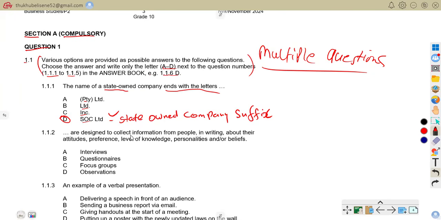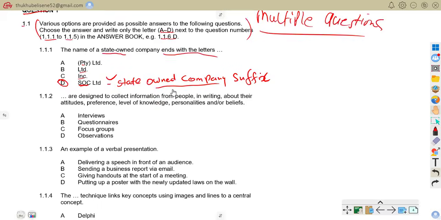They also fall under the state-owned company suffix. So the state-owned company ends with the letters SOC Ltd. Let us not waste time and go to 1.1.2.